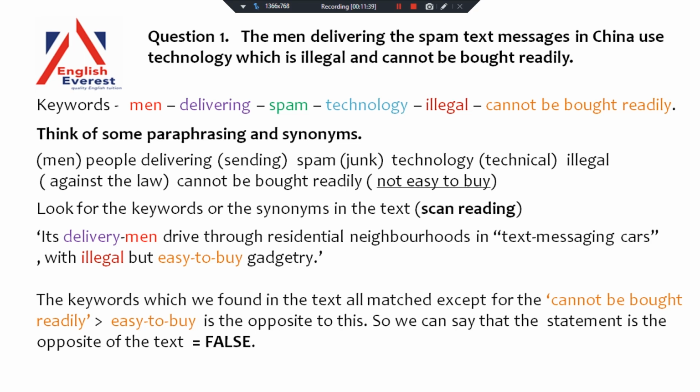So we've got cannot be bought readily, which means not easy to buy, but the text says easy to buy. So cannot be bought readily and easy to buy are opposites. So we can tell that this answer is false.